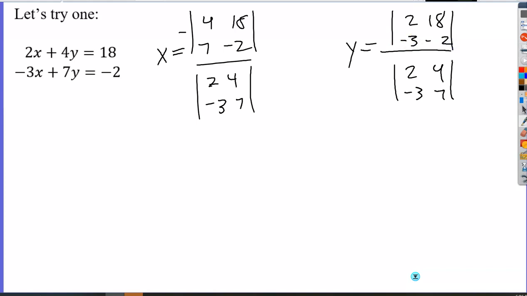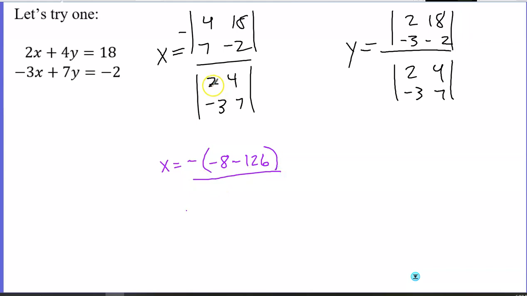Okay, so let's try it. Let's do it. The determinant of my first one is going to be, I'll have a negative out front, I've got negative 8 minus 126. And then on the bottom, I'm going to have 2 times 7, 14, minus negative 12.